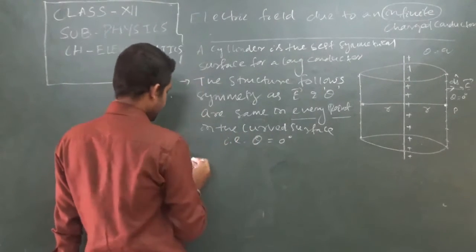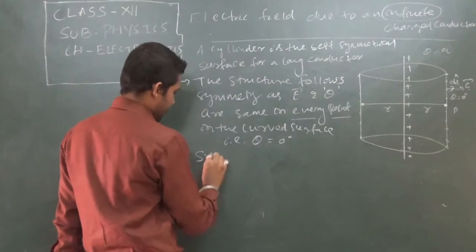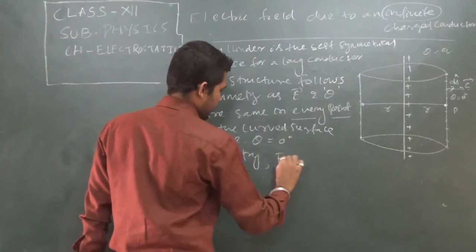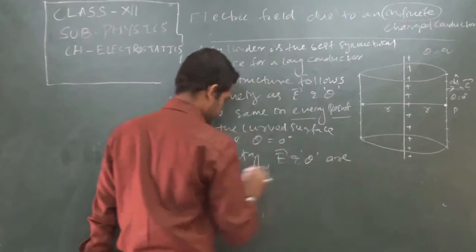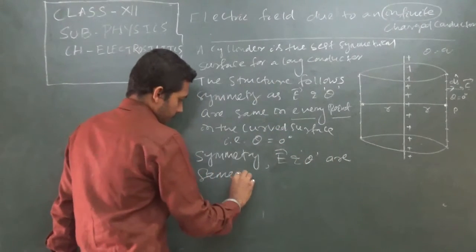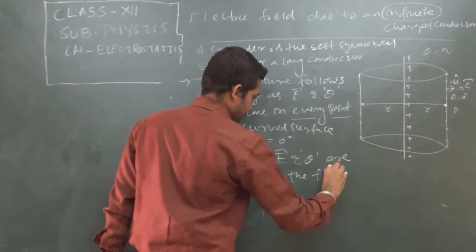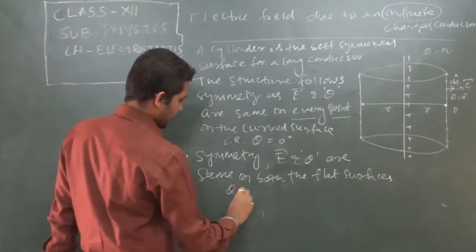This is one case. Second case: the structure also maintains symmetry as the E vector and theta are the same in both the flat surfaces. In both the flat surfaces, theta is equal to how much?